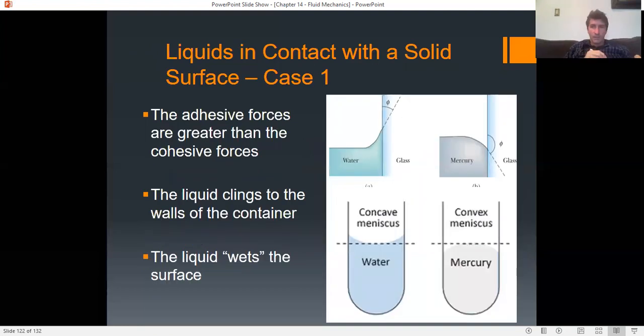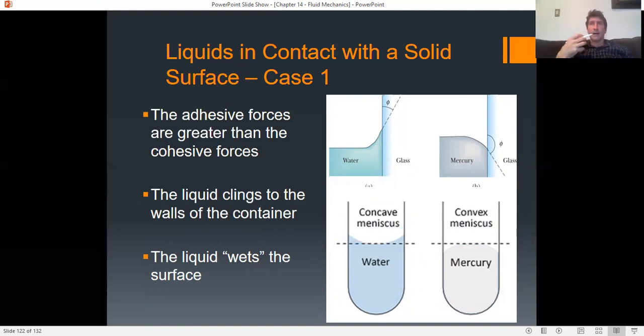Now, if water likes to stick to something more than it likes to stick to itself, we get this positive meniscus. You can see it curves upward because it wants to maximize the surface area with the glass. Okay? So water has a strong cohesive force, but there's a stronger adhesive force to the glass, producing this concave meniscus.